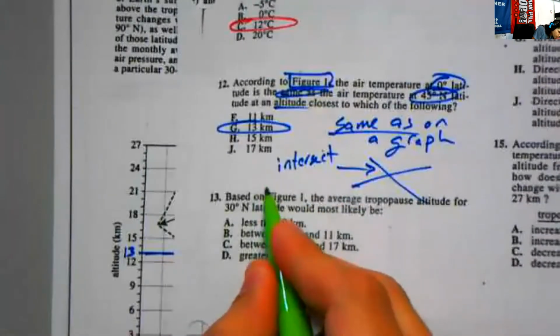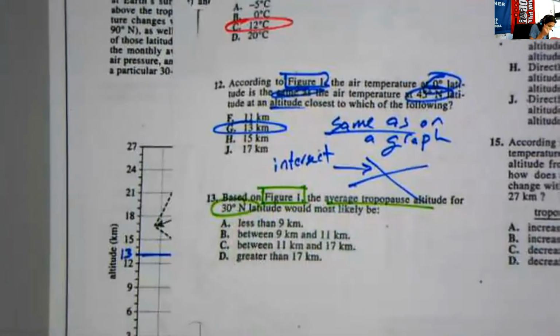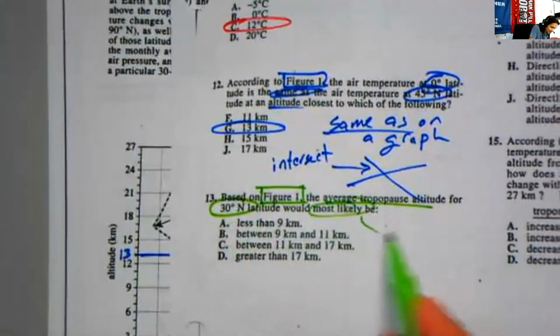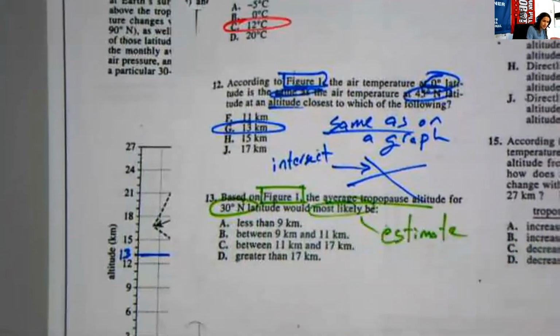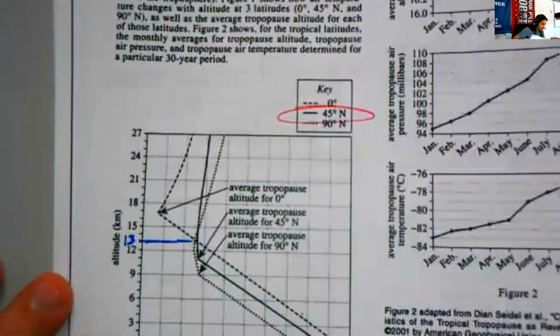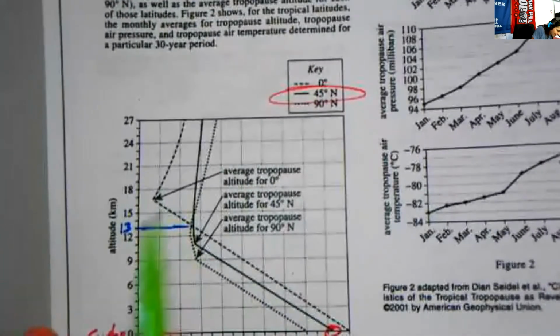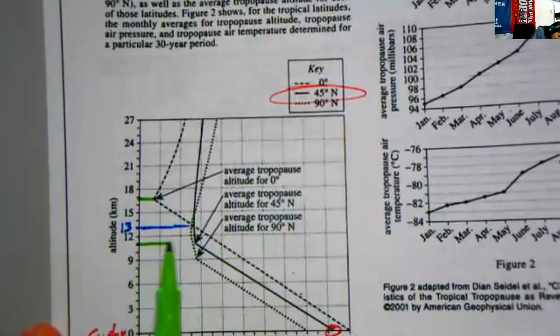Number 13, based on figure 1, the average tropopause altitude for 30 north would most likely be, again, that most likely indicates that I need to estimate. So I don't have 30. If you look over on this graph, you see you don't have 30. You have 0 right here, and you have 45 right here.